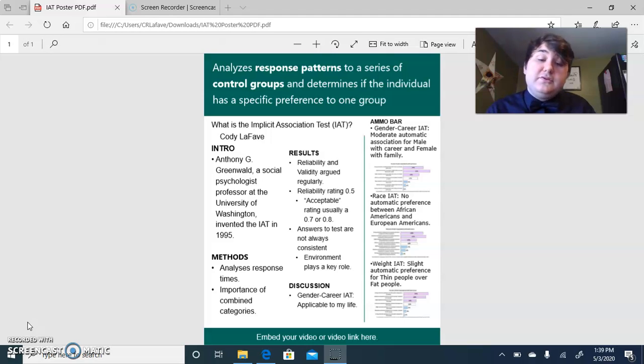Now, the gender and career IAT is most applicable to my life. The result that I got after taking it was that I had a moderate automatic association for males with career and females with family.